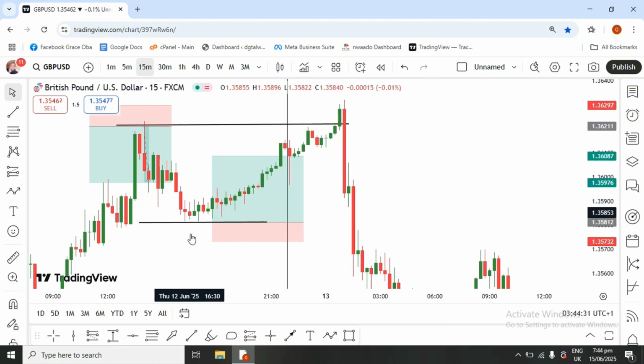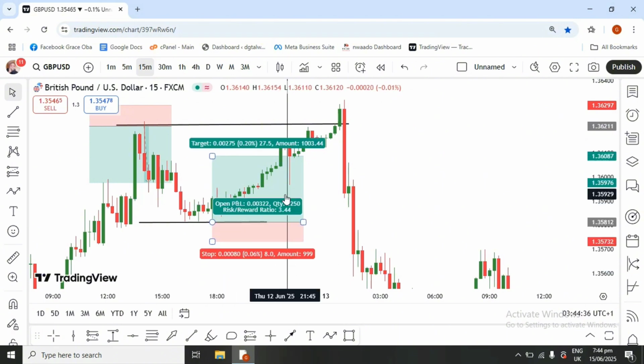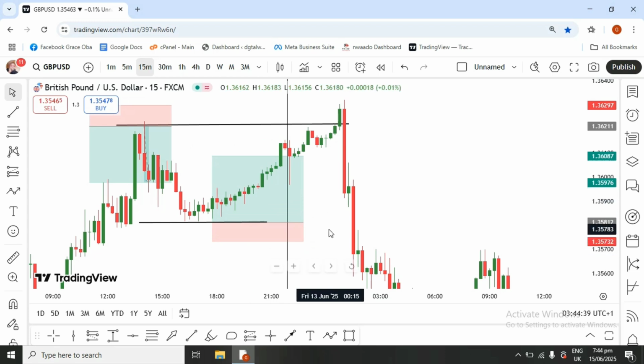Whereas traders at this level will say, okay, this market is trying to go bullish, so they'll place the SL below this level and target this high to take their profit, right? But when smart money came into the market, you can see the momentum, the aggressiveness with which this market rallied down. So what did smart money do? It came into the market, swept off this liquidity, that's this SL residing above this high.